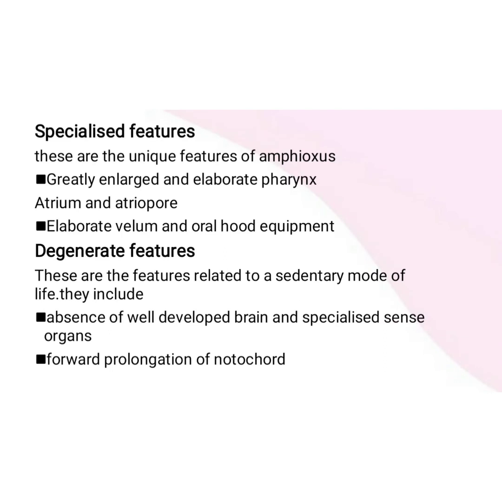Amphioxus also shows some specialized features. These are the features unique to them. The greatly enlarged and elaborate pharynx, atrium and atriopore, elaborate velum and oral hood equipment are the specialized features of Amphioxus. Degenerate features are the features related to a sedentary mode of life. They include absence of well-developed brain and specialized sense organs, forward prolongation of notochord, etc.